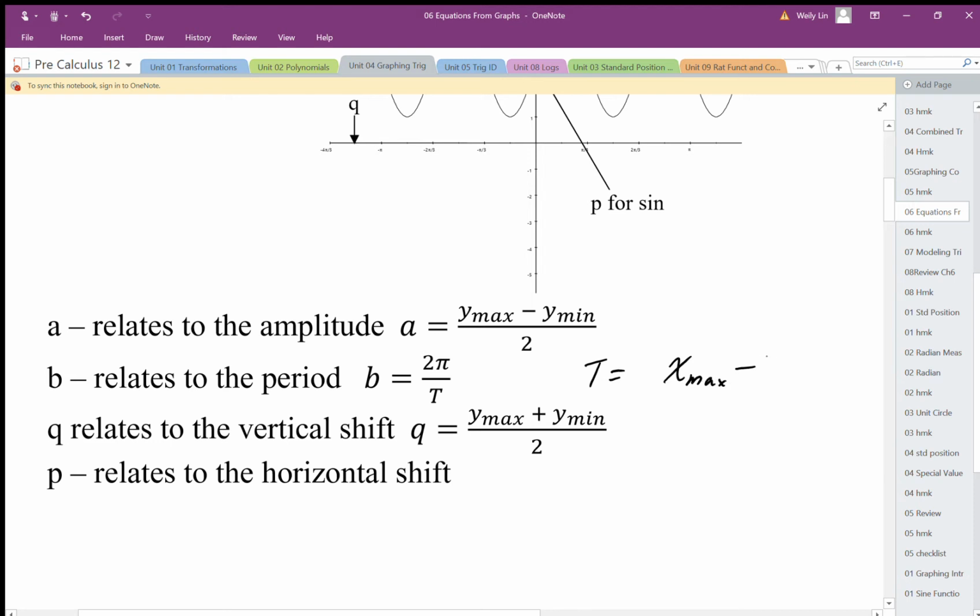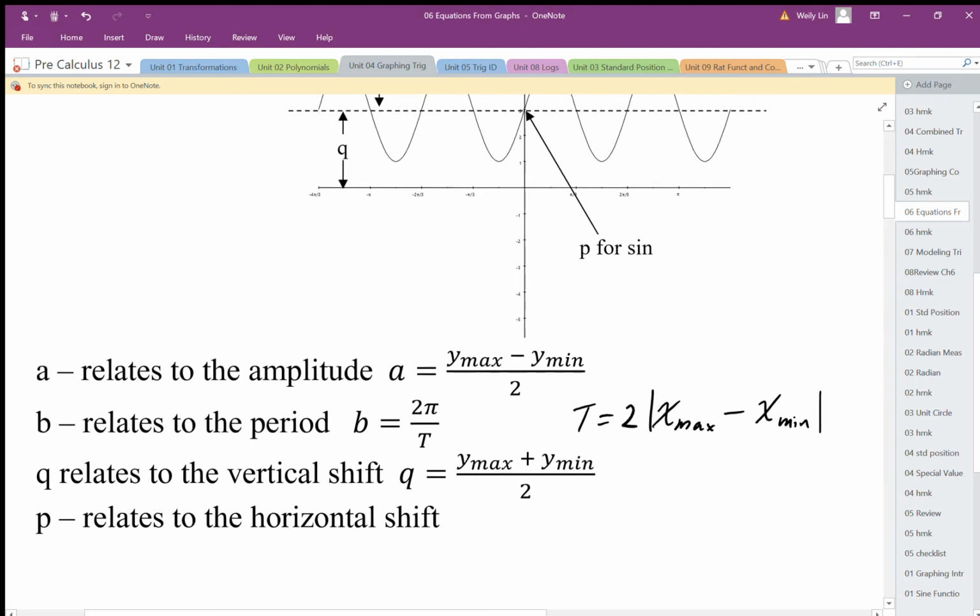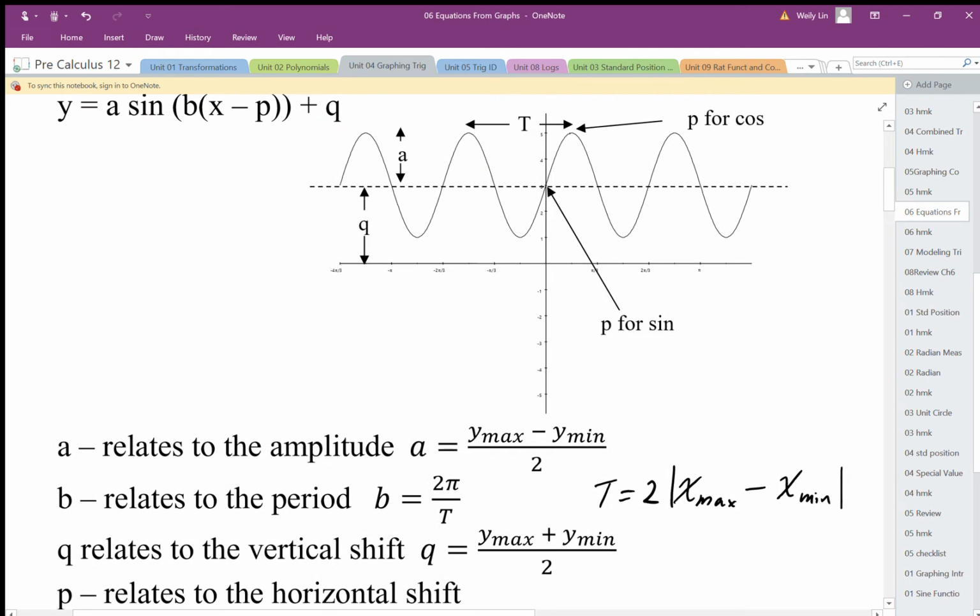Since period is a length, we subtract to get the length, and the period is not going to have a direction, so we just put the absolute value around that. We want the distance from the max to the min, and we want to double it, because if you take a look at our graph, from the max to the min represents exactly 1/2 period, or 2 quadrants.